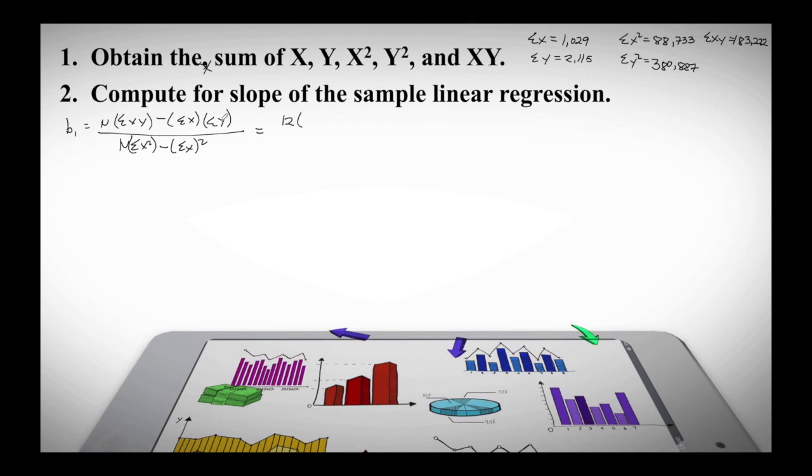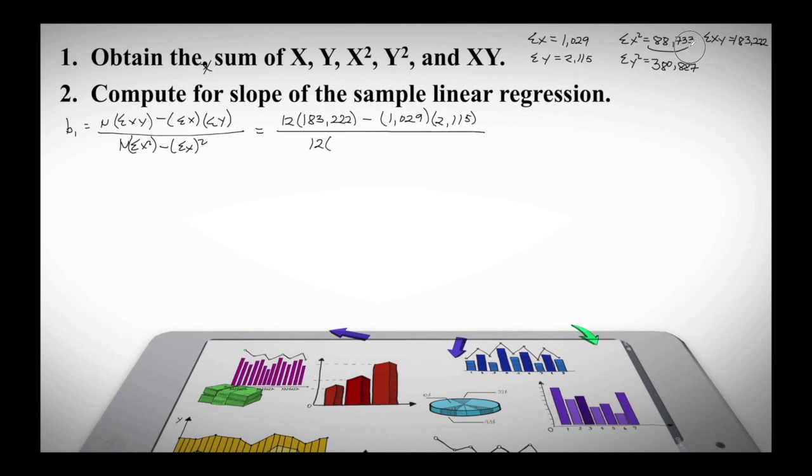Then, summation of X and Y, we have here 183,222, minus summation of X, 1,029, multiplied to summation of Y, 2,115. For our denominator, lagyan natin ng values yan. For the N, that is 12. Summation of X squared, nasaan yan?